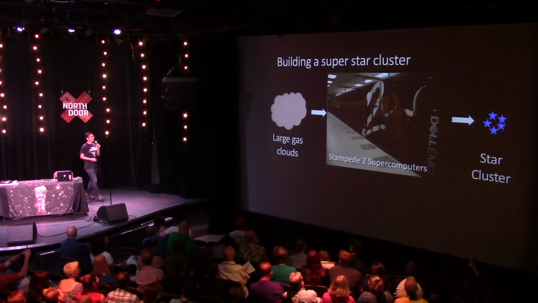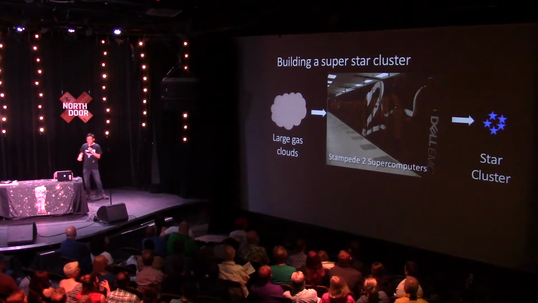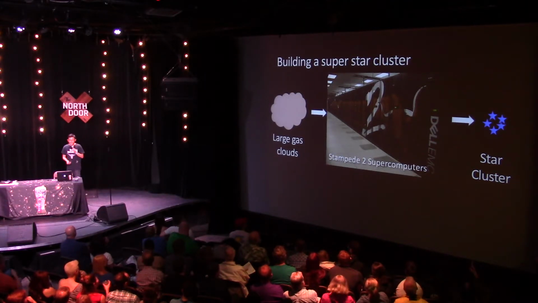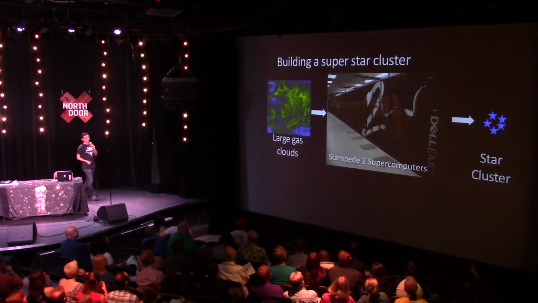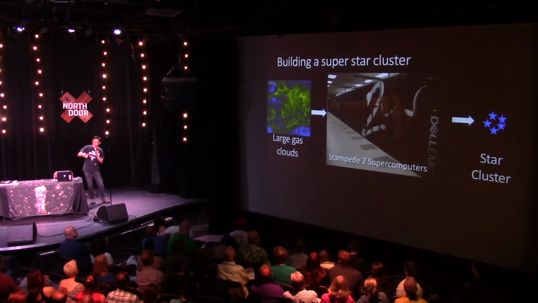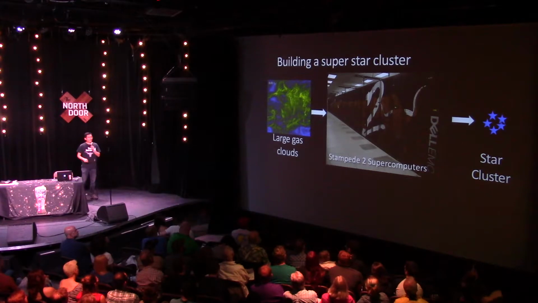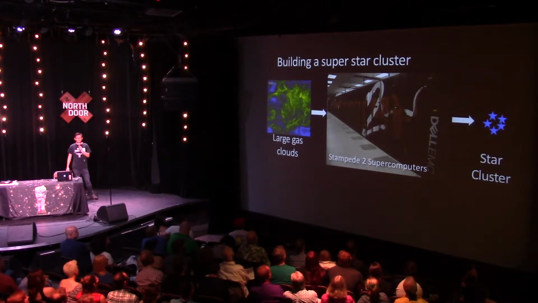But it turns out supercomputers don't understand a cartoon cloud. So that's a little tricky. So we need to actually run simulations in order to make the gas clouds that make the stars. After some simulation, you get more realistic looking gas clouds, and then we feed it into the supercomputer.